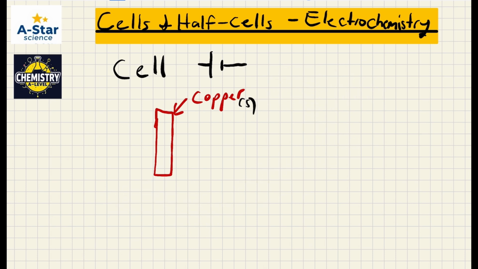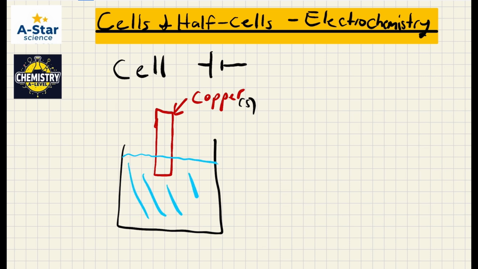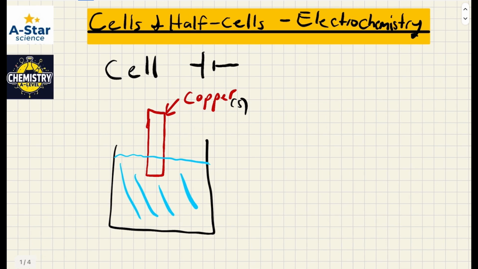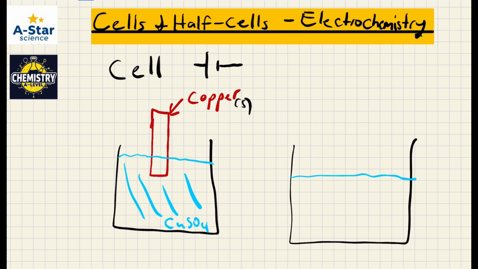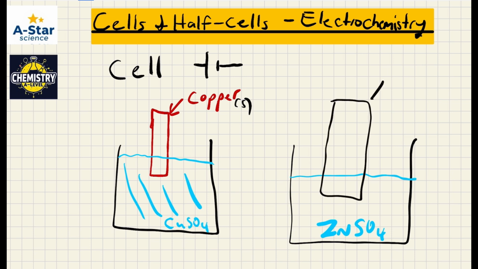So let's continue with our diagram, and let's put that beaker back and put the copper sulfate solution inside. So this is copper sulfate solution. And next to it, if we drew another beaker, and in this one, we'll put zinc sulfate, and we'll put a piece of zinc metal here.